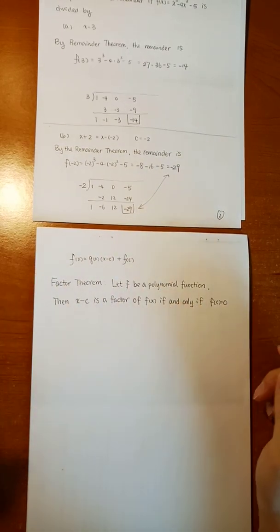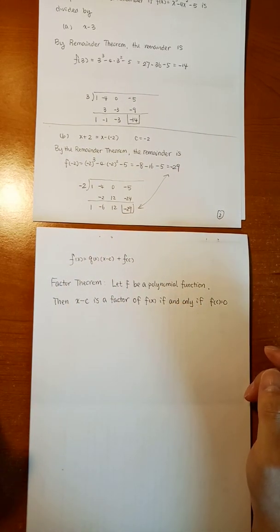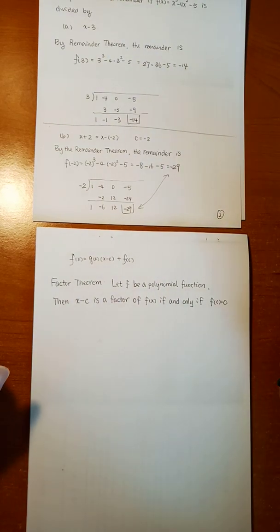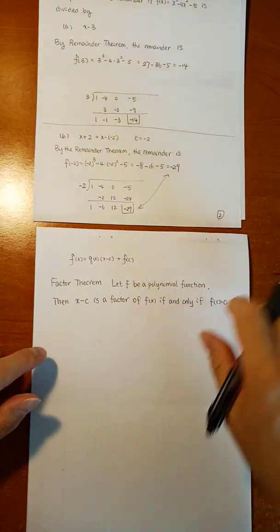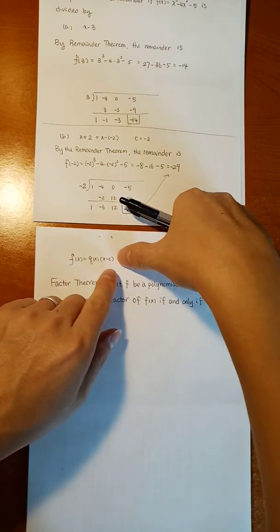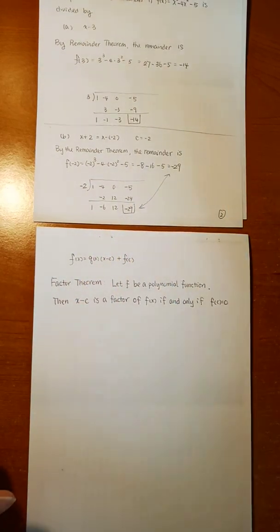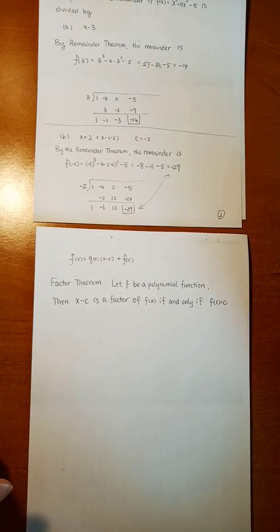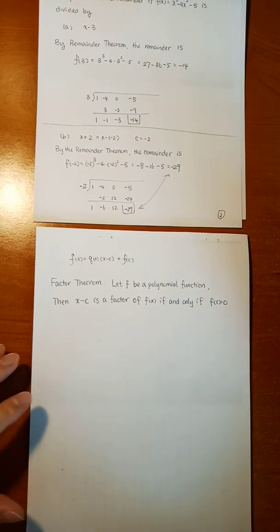So this term has to be 0. Okay? So the idea just comes from this part. If it is a factor, there's no remainder. So f of c is 0. If f of c is 0, then it becomes a factor. Right? Okay.